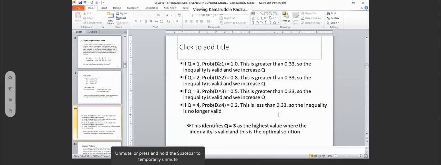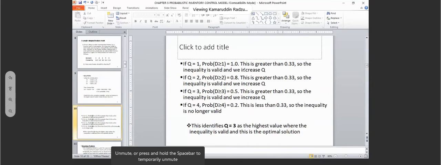At the Q equal to 4, the probability is 0.2, and 0.2 is less than 0.33, so the inequality is no longer valid. So we choose the highest quantity order at the Q equal to 3, where the inequality is valid, as the optimal solution.